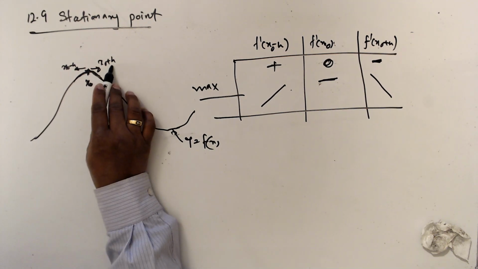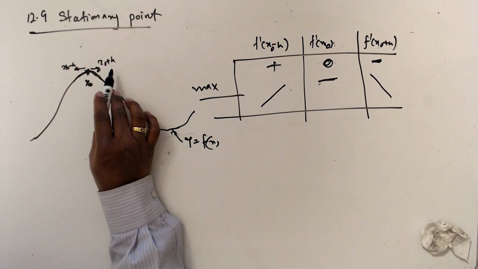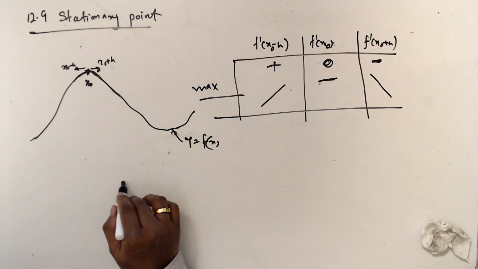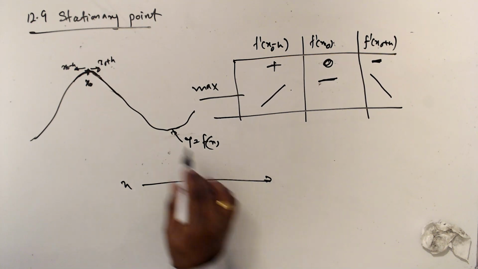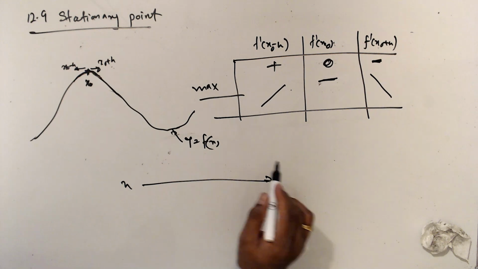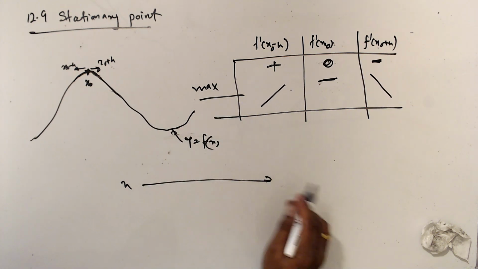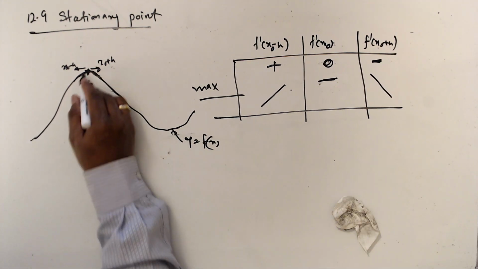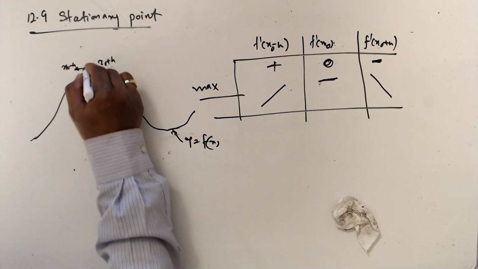This h is a very small amount. Don't go that far. Sometimes if h is long, then you may catch other global maximums or local maximums, right? And it will spoil. So just assume this point is 3.